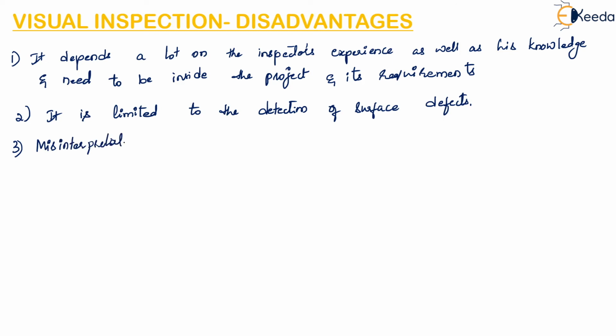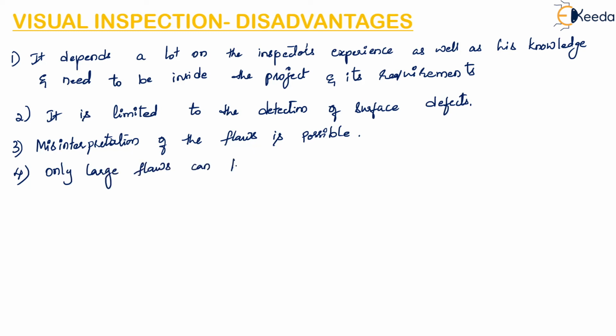Generally, with the help of visual inspection, we can detect only large flaws.